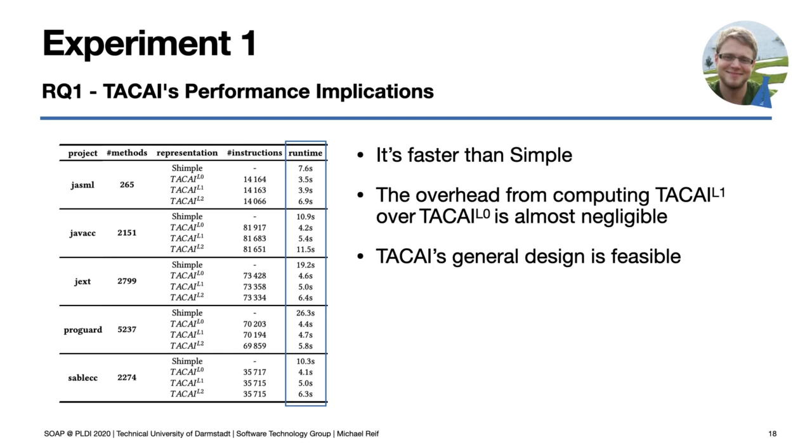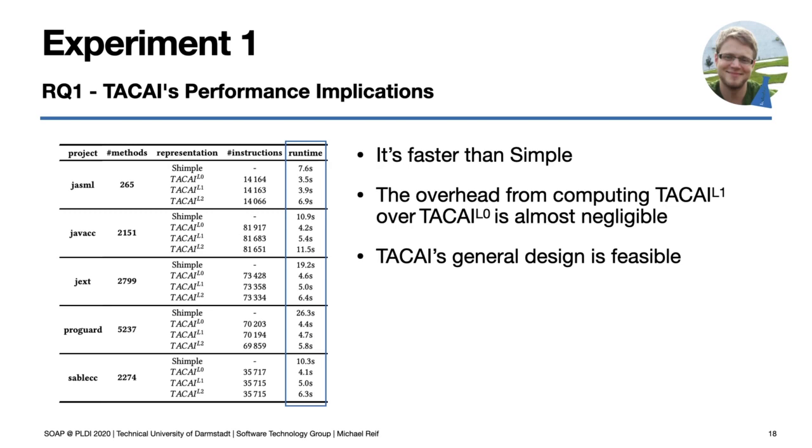So, the first experiment: we wanted to know TACAI's performance implications, and when we consider the table on the left-hand side and there the runtime column for our 5 evaluation projects, we can see that Jimple is, for almost all projects, slower than even the most precise TACAI version with the level 2 domain.